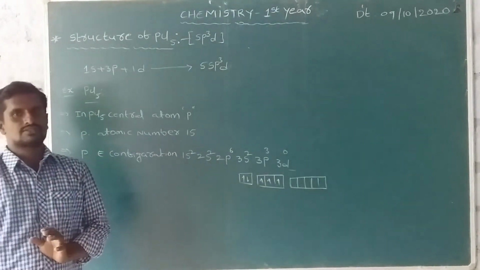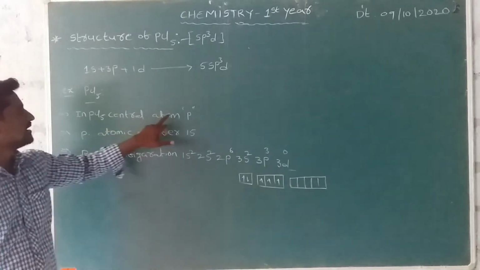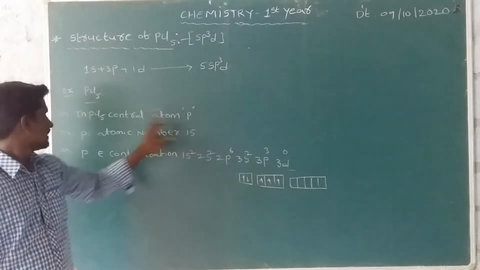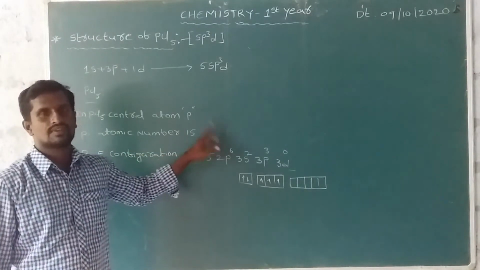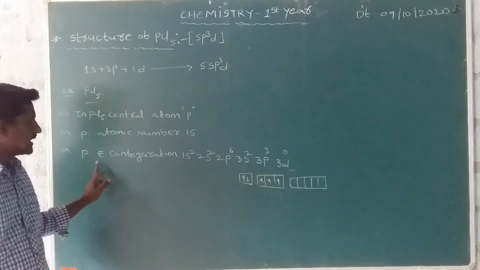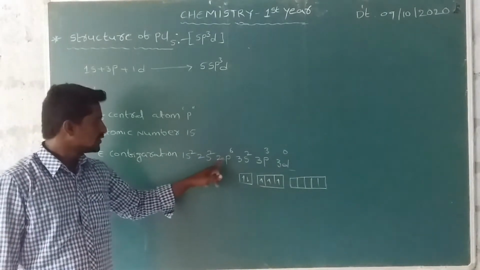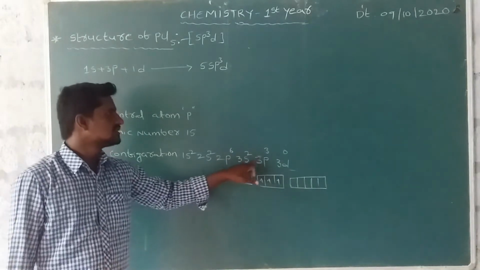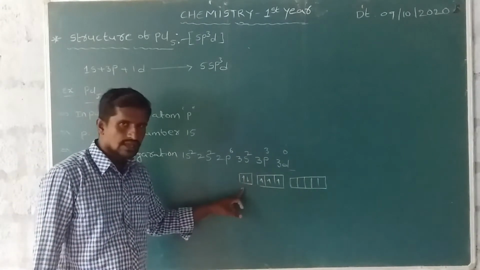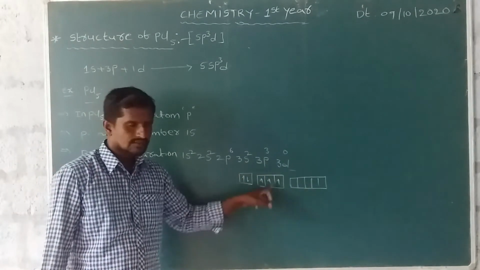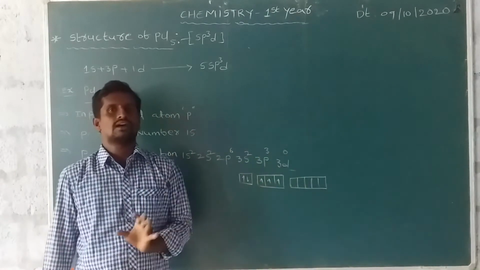Again: in PCl5, the central atom is phosphorus, atomic number 15, configuration 1s2, 2s2, 2p6, 3s2, 3p3, 3d0.